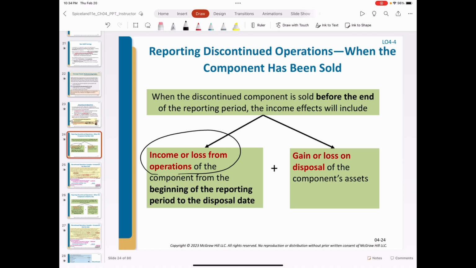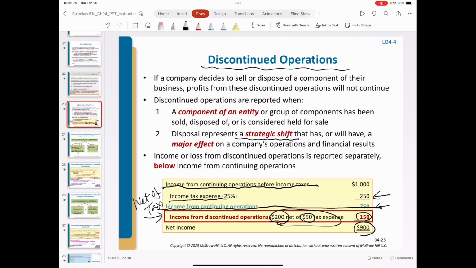So this is regarding the financial performance of these discontinued segments or subsidiaries. This segment or subsidiary is an asset. So when it is sold, the parent company may also recognize either gains or losses. So there are two components. Okay, so this example actually reports the combination of these two.